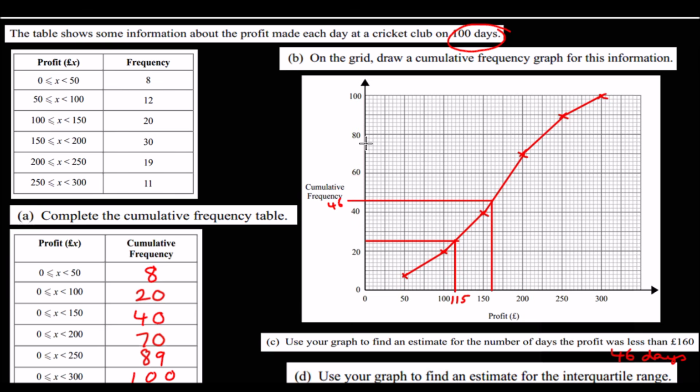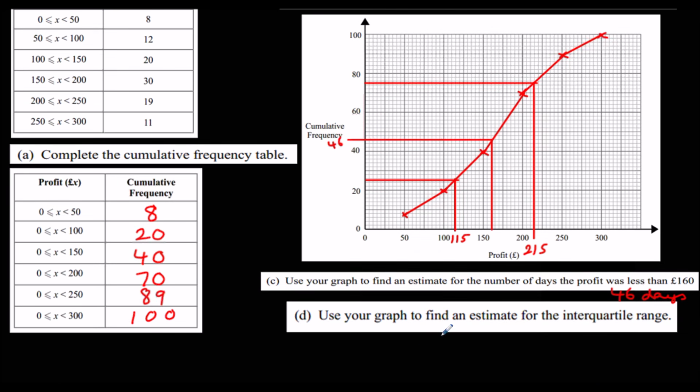The 75th day is there, which looks like 215. So I've got 215, take away 115, which is 100. And again, there will be a range of acceptable answers for that question.